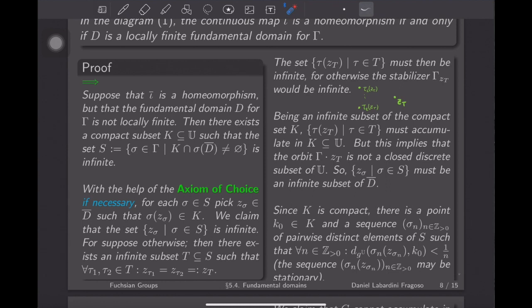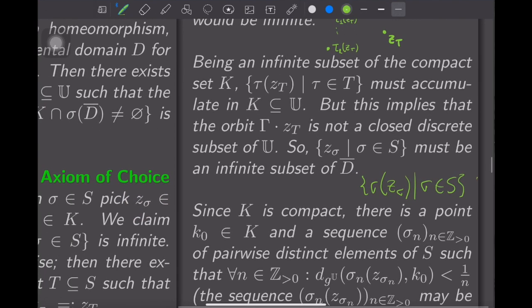So now I consider the set of images, the set sigma of Z sigma in S. Because of the way the Z sigmas were picked, this is a subset of K.